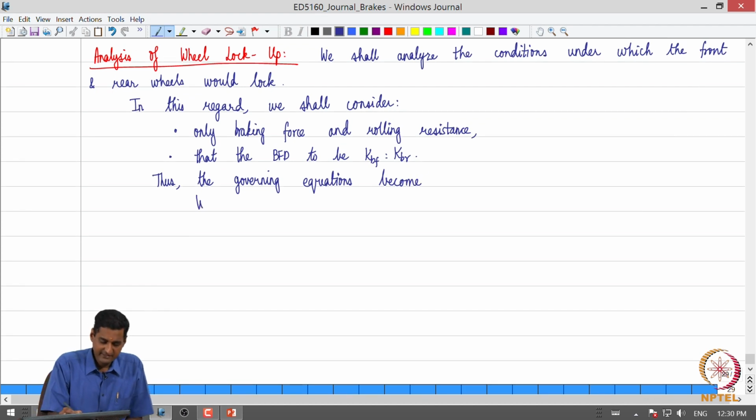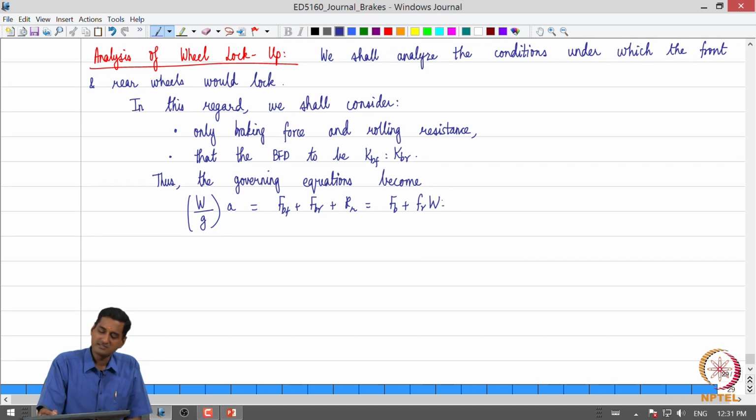We will get W/g times a equal to FBF plus FBR plus RR. This is nothing but FB plus FRW. We already know about this, because this is the total braking force FB, and this is nothing but fr times W. That is the rolling resistance force.